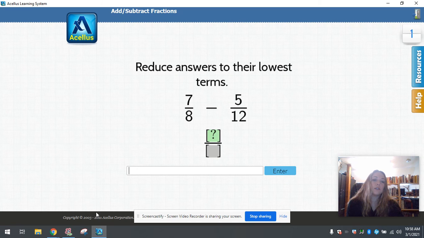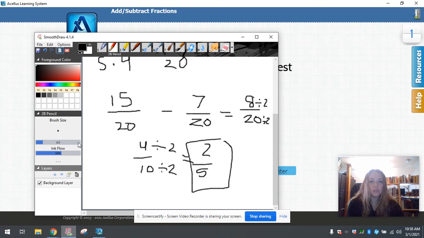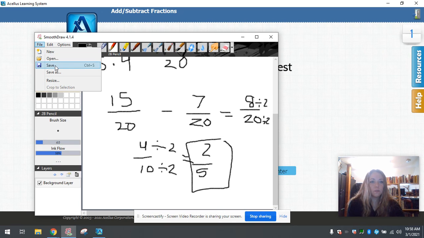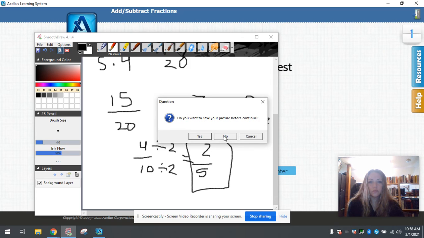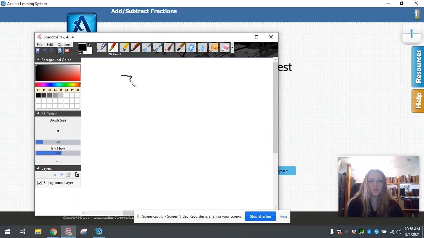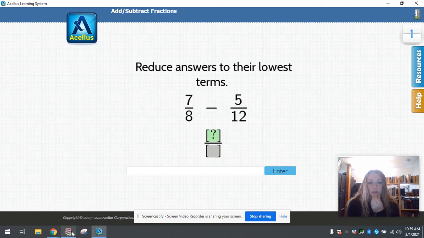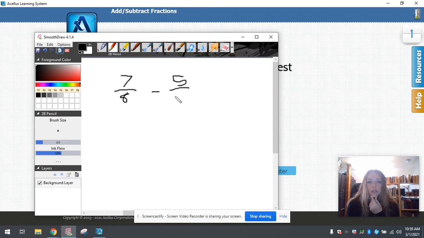Okay, 7/8 minus 5/12. Now, if you want to do this the mental math way, and you know both 8 and 12 fit into 24, good for you.